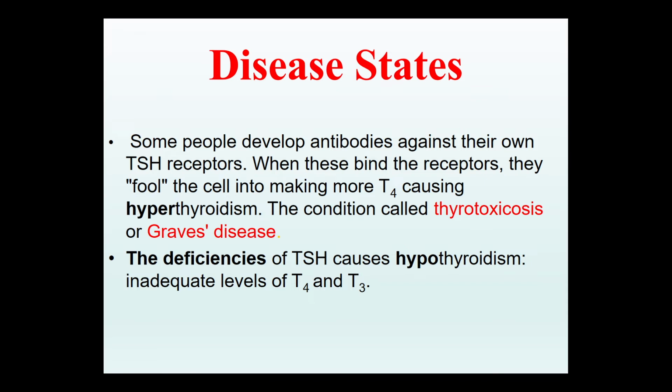When these bind the receptors, they fool the cell into making more T4, causing hyperthyroidism, the condition called thyrotoxicosis or Graves' disease. The deficiency of TSH causes hypothyroidism and, of course, decreases the production of T3 and T4, an inadequate level of these hormones.